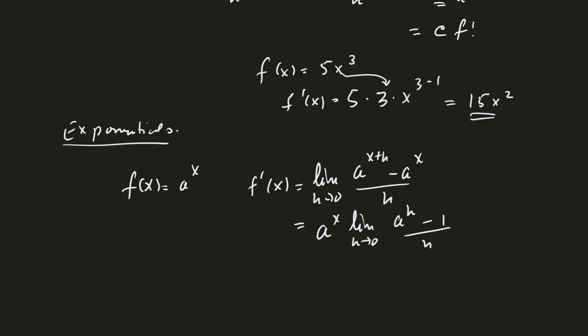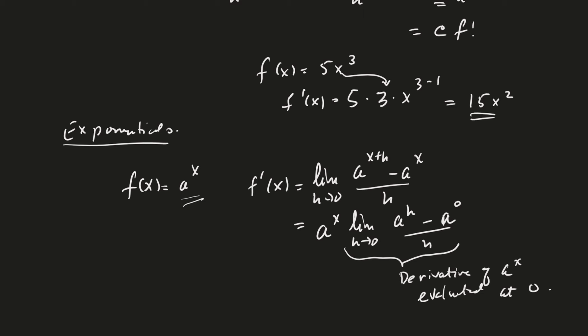Notice that that 1 is actually a to the 0 power, right? And so this is the derivative of a to the x evaluated at 0. And so the derivative of a to the x is going to be a to the x times the derivative of a to the x at 0.